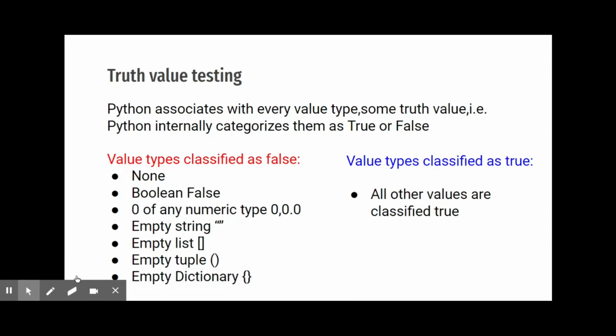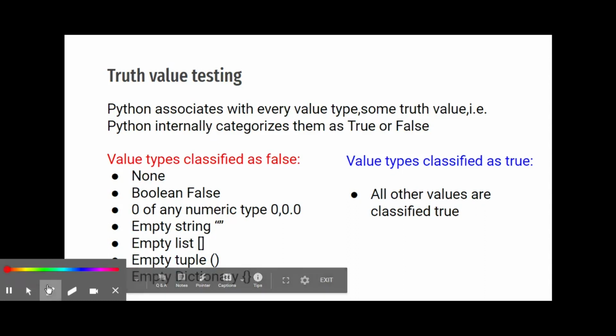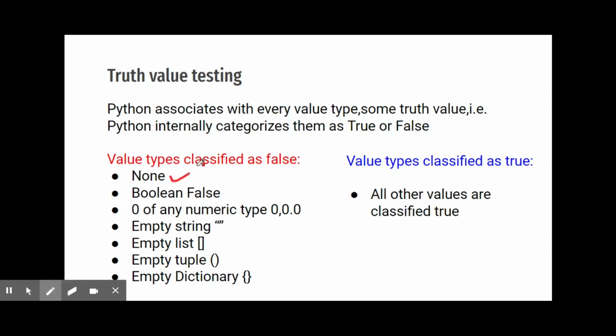In Python, every value is associated with some truth value. 1, 2, 3, any character, say A, any string, say fruit, all of these are associated with some truth value. Now first we look at the value types that are classified as false. So first you have the none type, which will be false. So we learned about the Boolean data type. And if the Boolean value is false, the truth value of it is also false.